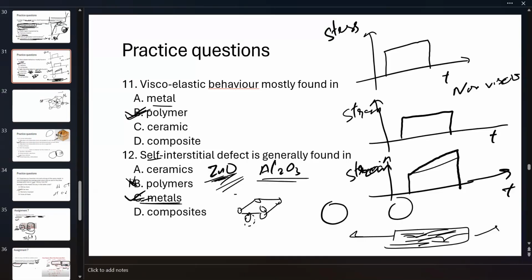Whereas in zinc oxide or some other ceramics, usually the smaller ion sits in the interstitial void, and the larger one forms the lattice. It's more common in metals.